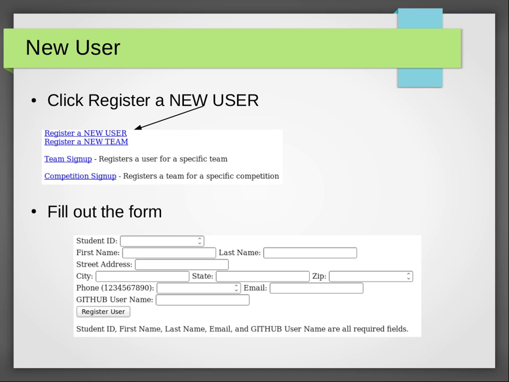Put the state. For the phone number, just put 1, 2, 3, 4. You don't have to put your real one. I'll get that fixed. But you do need the GitHub username, so the required fields plus a phone number.